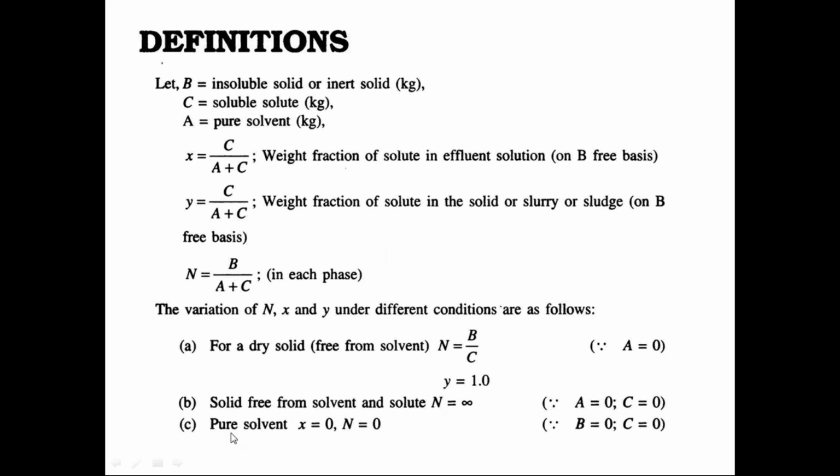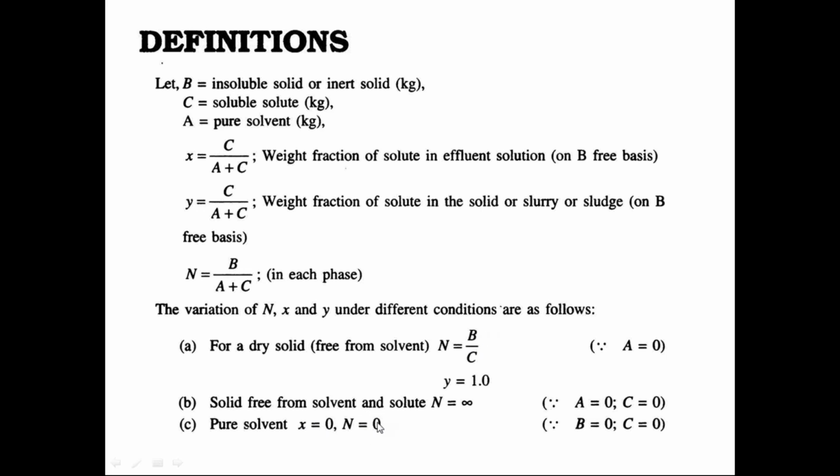Okay. And similarly, if you take pure solvent, then X is equal to 0. Why is X equal to 0? Because C is not there, so X is equal to 0, and it also doesn't have any B, because it's a pure solvent, 100% solvent, with no inert solids in it.